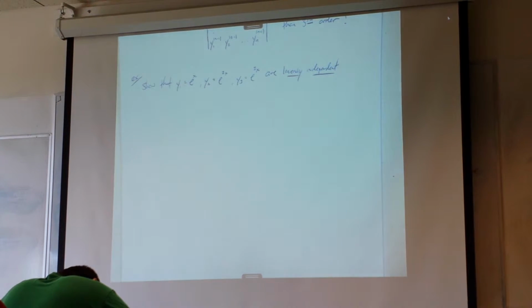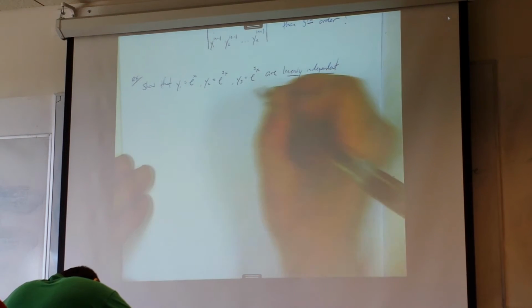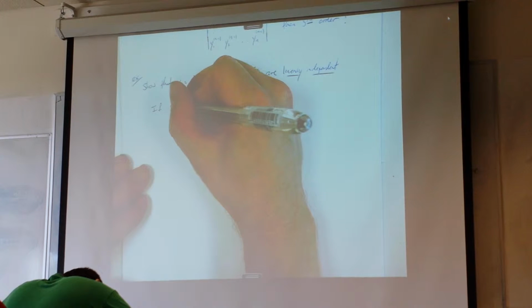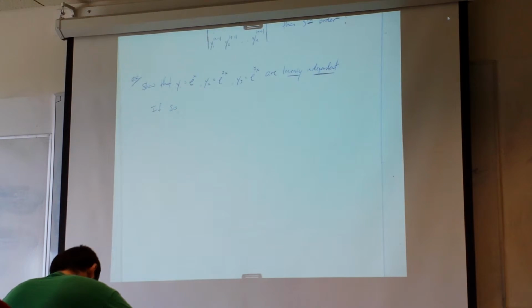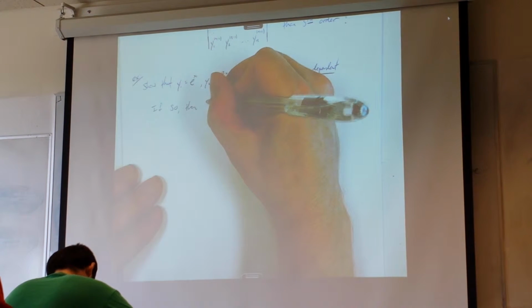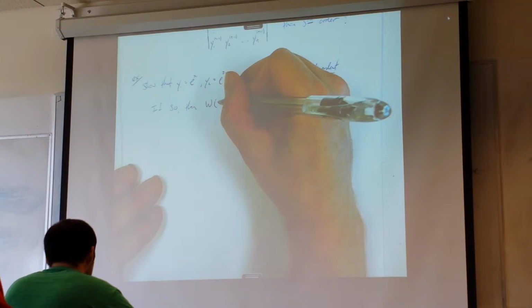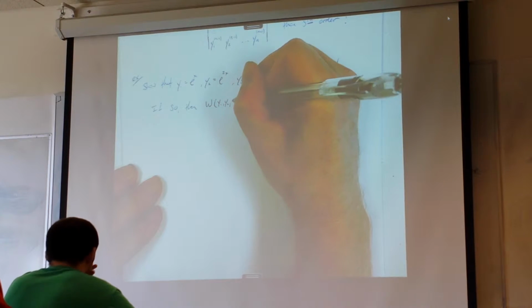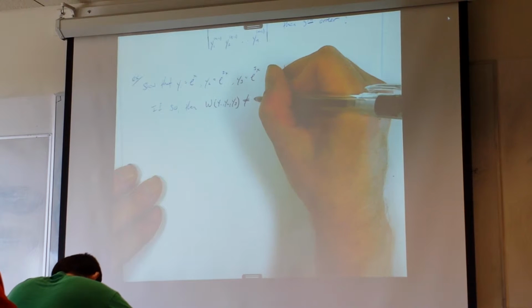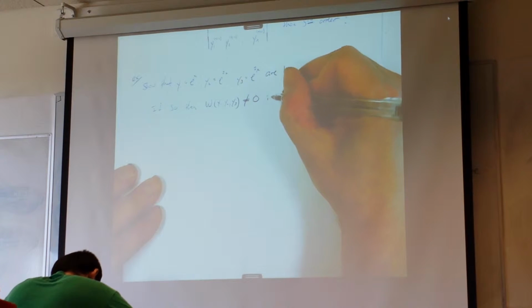Okay. If they are, then the Wronskian is not identically 0. So that's kind of what we're looking for. The Wronskian y1, y2, y3 is not equal to 0 identically, I should say, right?